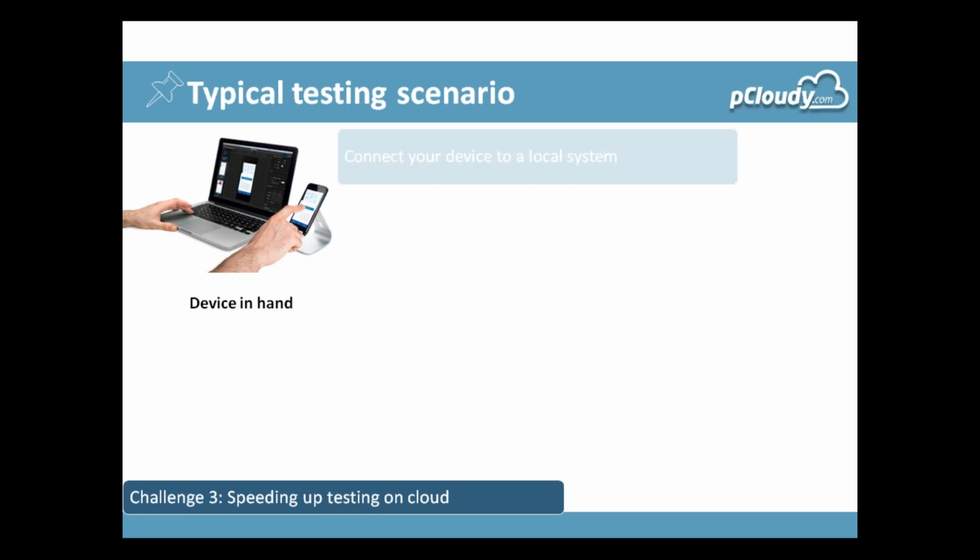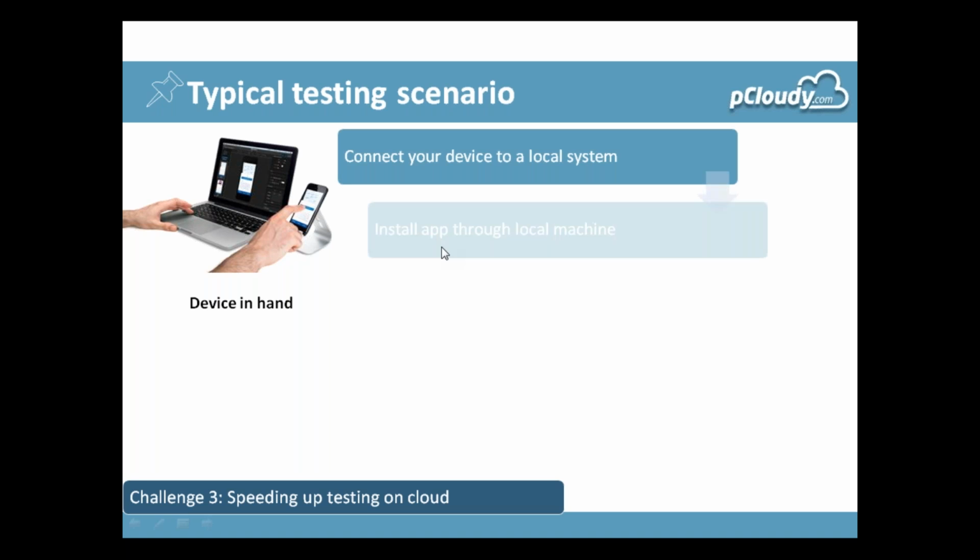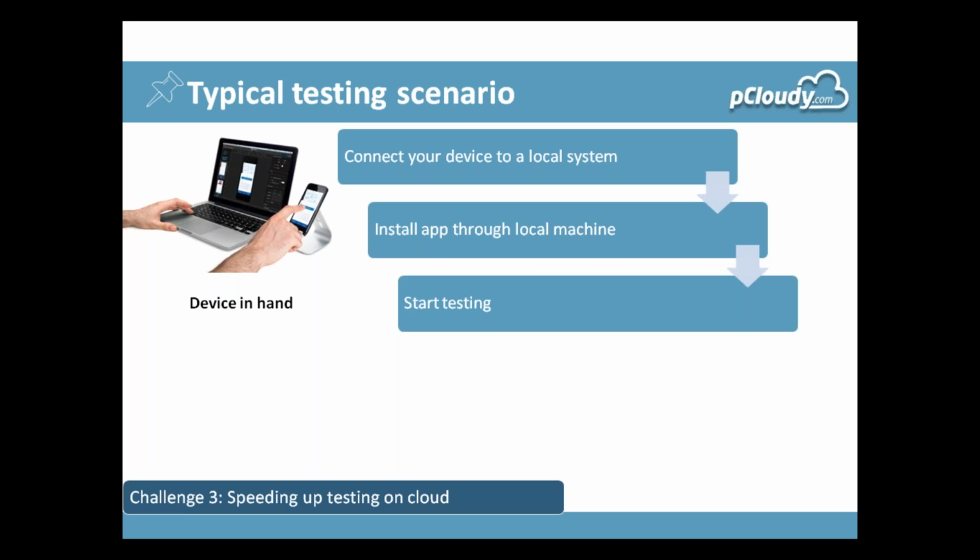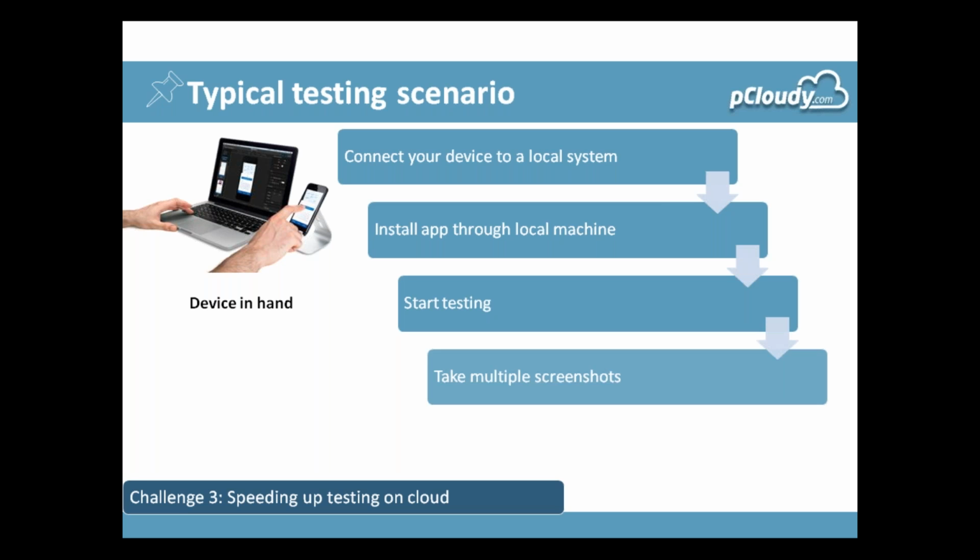You connect the device to a local system, you install the application through the local machine, you then start testing, go through the various scenarios, screens, forms, etc. During that process, whenever you find some issues, you would like to take screenshots.